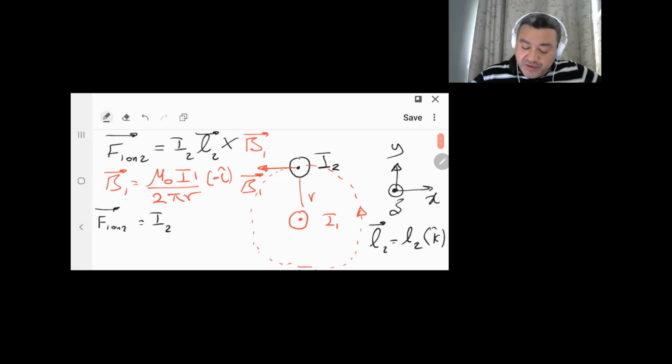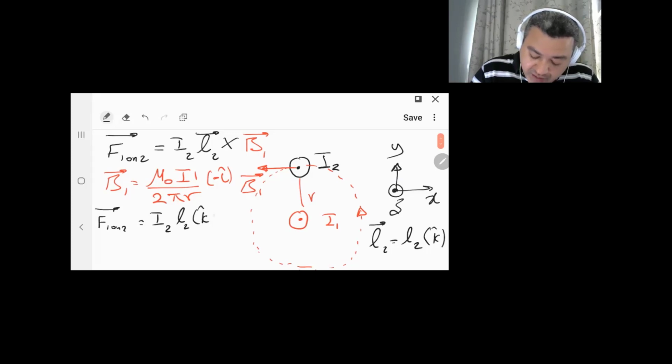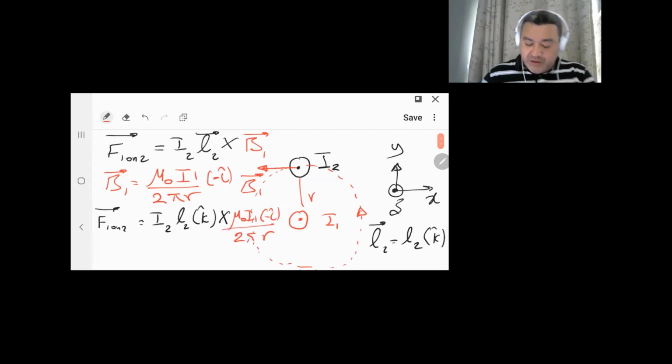So this is the L2 going into the positive direction of my coordinates. It will be L2 magnitude K hat. So I'll put it here, L2 K hat cross B1, as mu naught I1 minus I hat divided by 2 pi r.